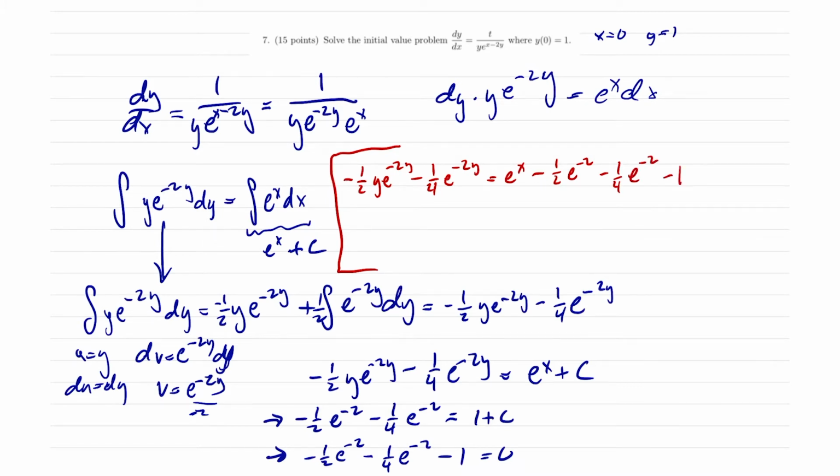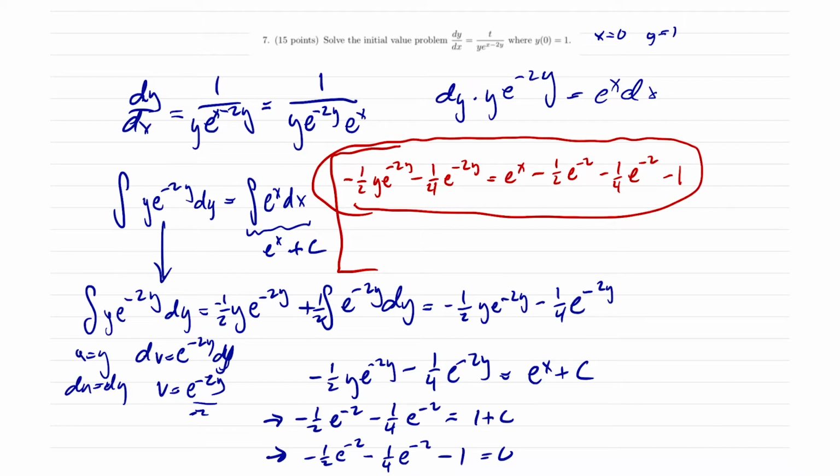And of course, we can simplify this a little bit by combining them. That will give us minus 3/4 e to the minus 2. But it's fine, leave it like this. You might see something slightly different if it's multiple choice, and just remember that you have to simplify. Okay, cool. So that's the solution to that problem.